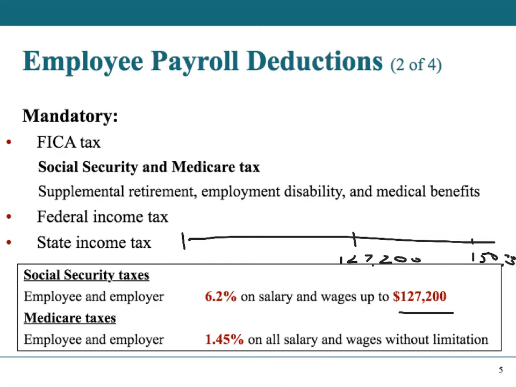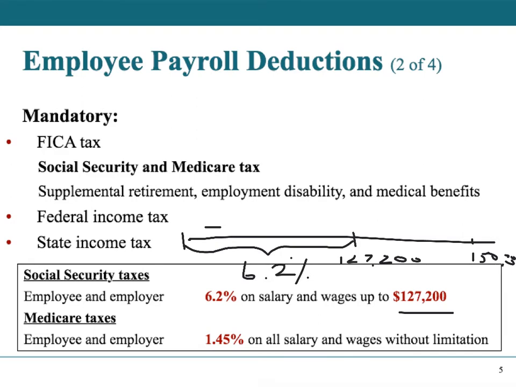So, a high earner. The rationale is that you will be paying 6.2% of your 127,200, and then Social Security will stop, because as a high earner there's a good chance you will have other sources of income, so you will not be dipping into Social Security as much.